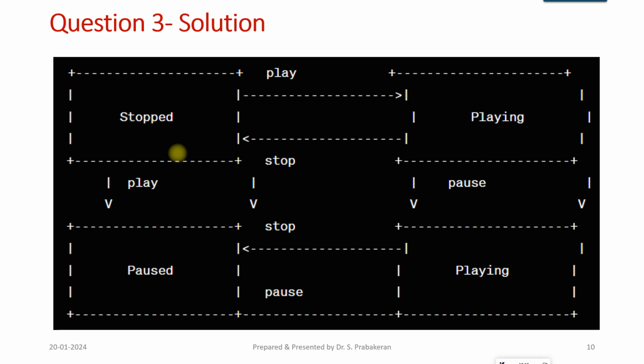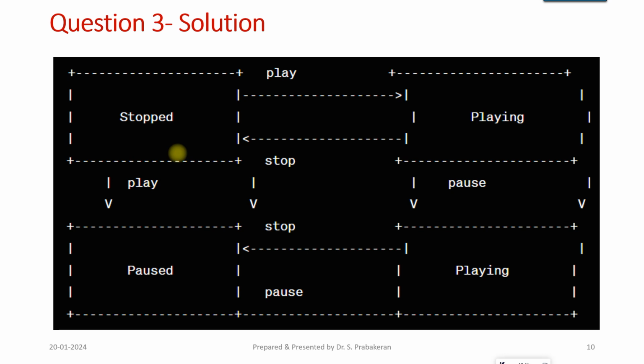And the third transition is triggered by the pause event, moving from playing to pause. The action here is to pause the currently playing media. So when a pause button is pressed during playback, the player transitions to the state where the media is paused.